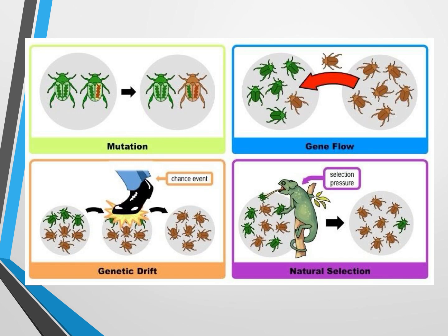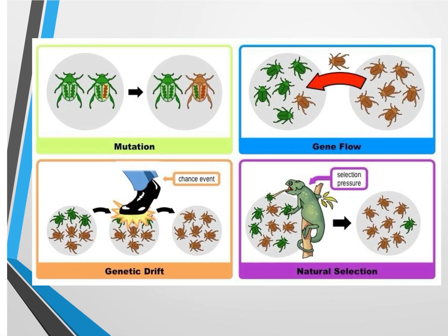All right, here's a nice little summary of 4 of the 5 agents of microevolution. We're all going to use the beetles for them. Mutation is when there's a change in the DNA. The 2 green beetles have some sort of mutated strand of DNA to make a brown beetle. Gene flow is just migration: beetles moving from one population to the next and mixing up the gene pool.